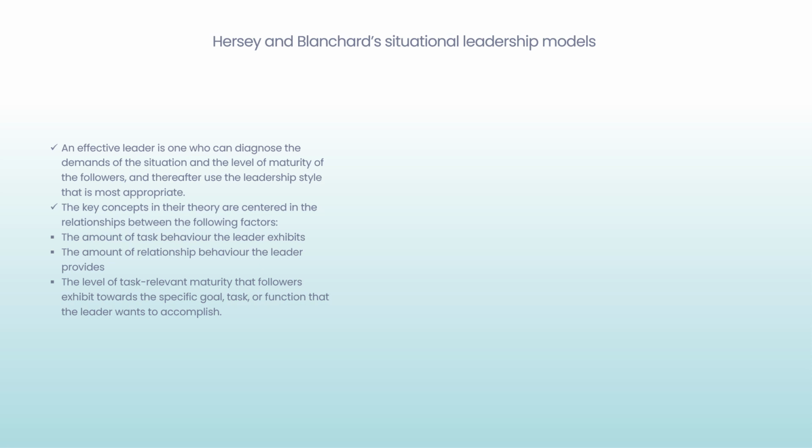But what is the level of maturity of your followers? You want to take the athletes to the top of the mountain. Are they fit to climb the mountain? That is maturity. They need a certain level of maturity to climb with you to the mountain.